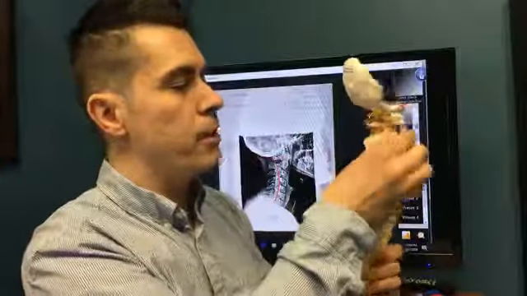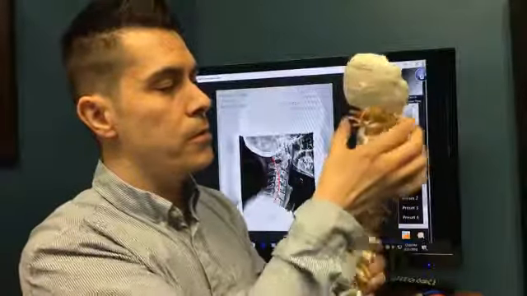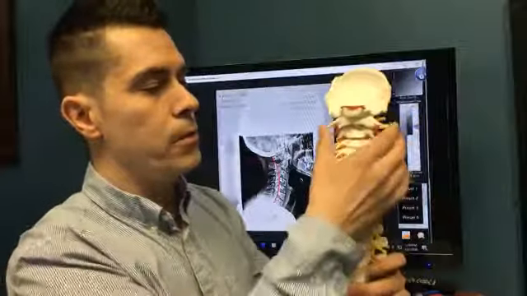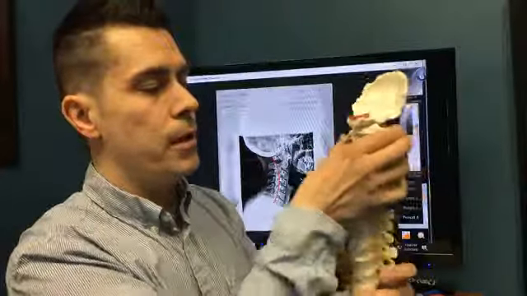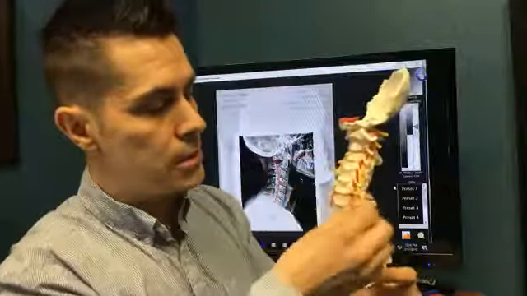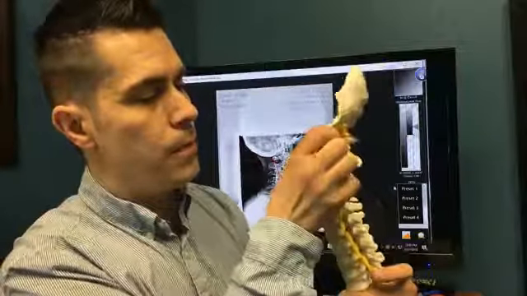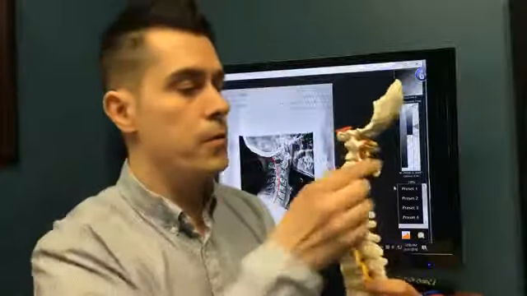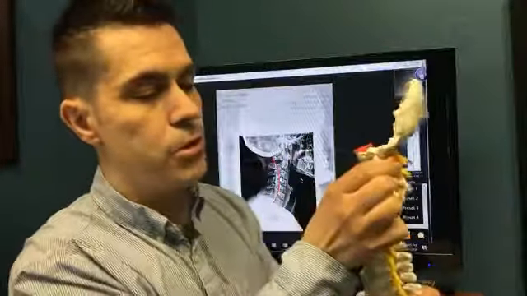So it puts pressure on that, and this bone also tends to rotate. When it does that, pay attention here. See this red plastic structure? That's your vertebral artery. So that puts pressure on that, and that's when people experience those pulsating, pounding headaches.